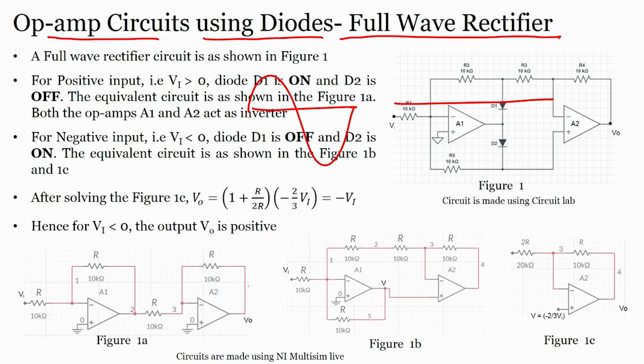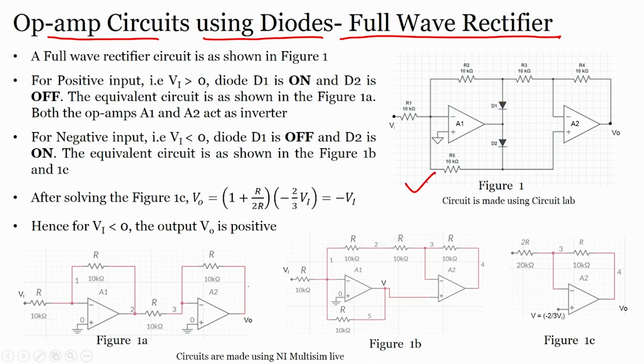Yesterday we saw that if I apply an AC signal to a half wave rectifier, it will rectify only half. So, we will only have rectification like this. The top was rectified, the other half is gone, only half wave rectification. But here we will be looking at full wave rectification. To understand the full wave rectifier, let us see the circuit in figure 1.